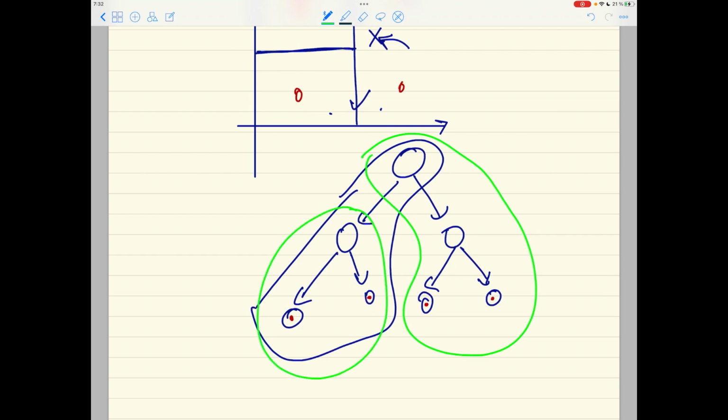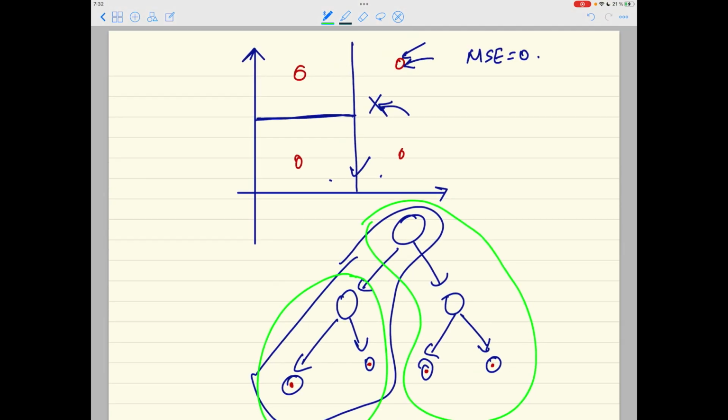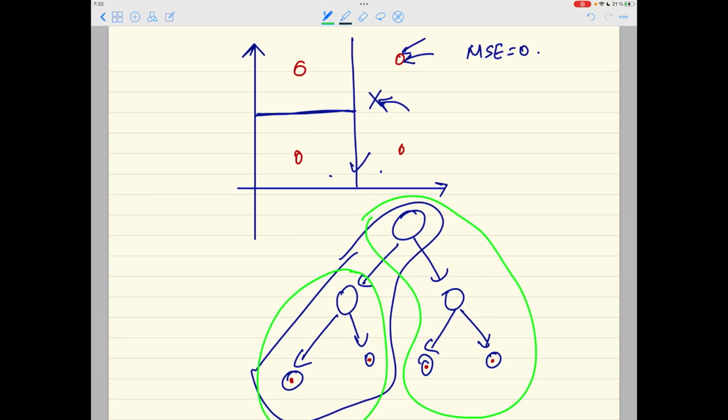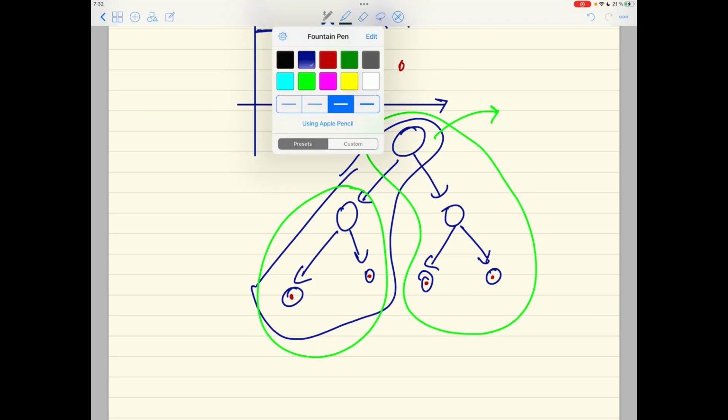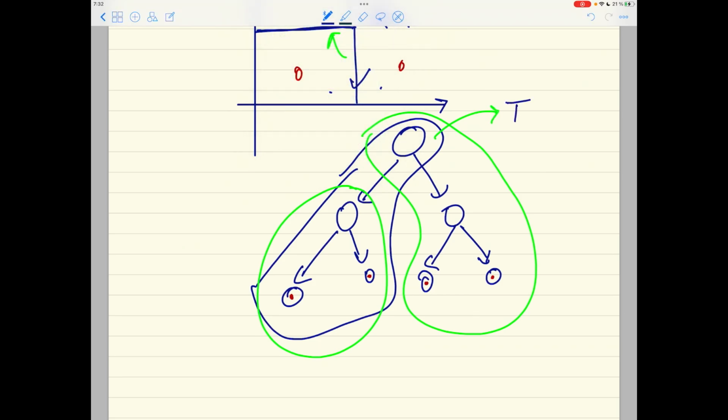So there are many different possibilities, and each of these possibilities corresponds to removing one of these splits that we have performed here. So how do we extract this subtree that has a better generalization error than this entire tree that I would denote by T? Okay, so we want to find something like T tilde, which is contained inside T, but has a better performance on the testing data set.